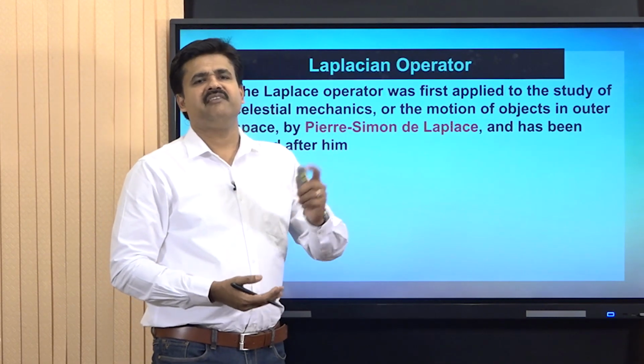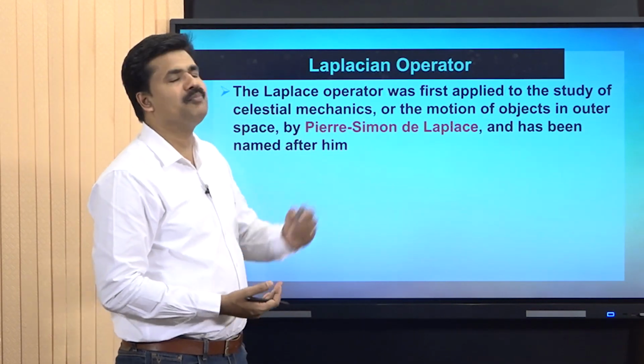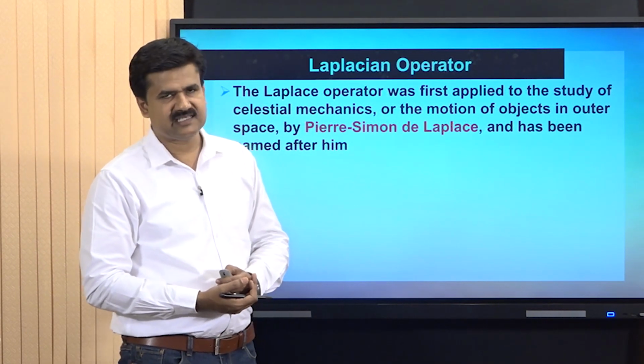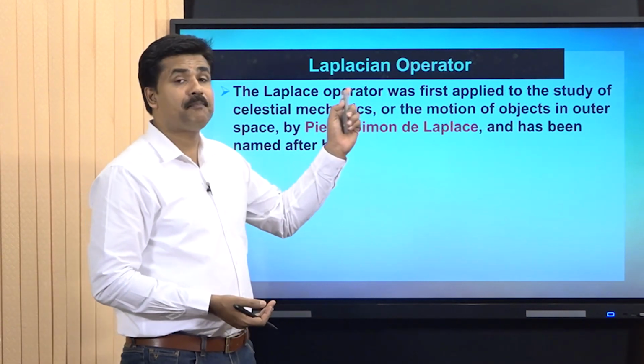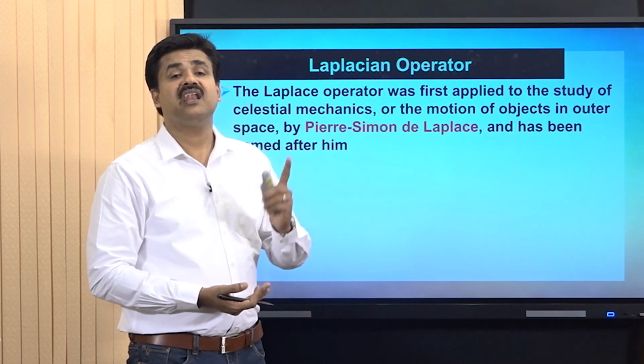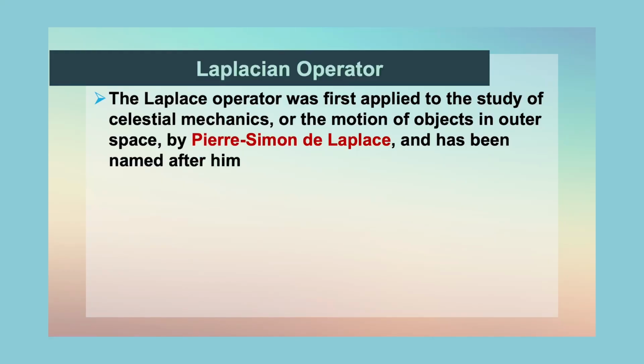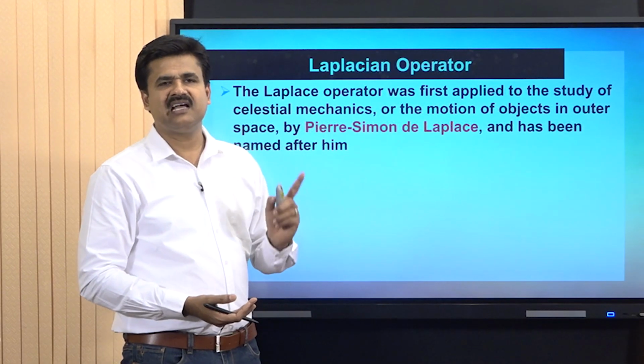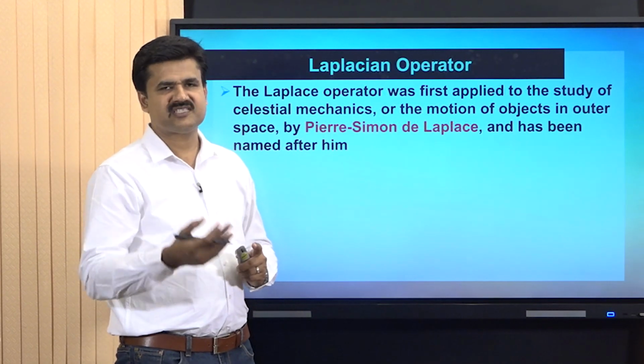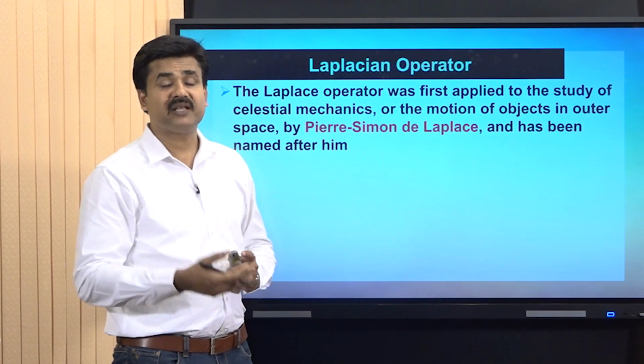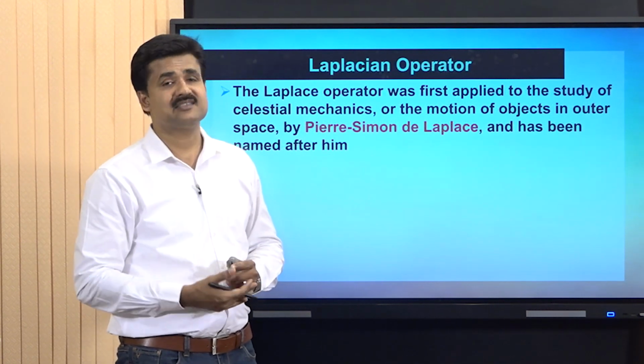Now, we can move on to another important operator in quantum mechanics. That is called the Laplacian operator or Laplace's operator. Laplace's operator was first applied to the study of celestial mechanics, or the motion of objects in outer space, by the mathematician Pierre Simon de Laplace, and the operator we are going to study is named the Laplacian operator or Laplace's operator.